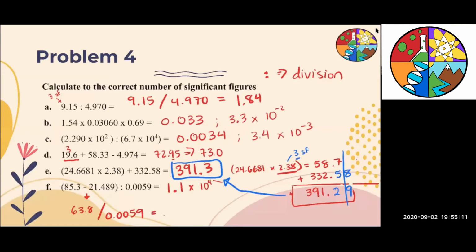Then you get a big number like 10813.559. So then you would do your sig figs, your scientific notation to get it to the right place, and that's how you get 1.1 times 10 to the fourth.